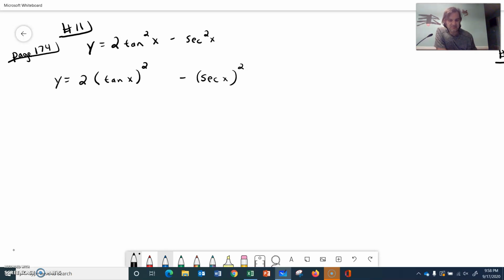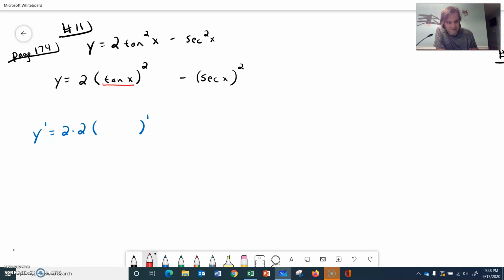So we want to take a derivative. So y prime. The first one here looks like 2 times tangent squared, looks like a power rule with a chain rule. So the 2 that's out front stays there, and then the exponent of 2 comes out front, and that exponent reduces to 1, not that I need to write it.